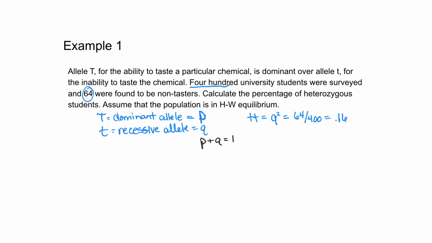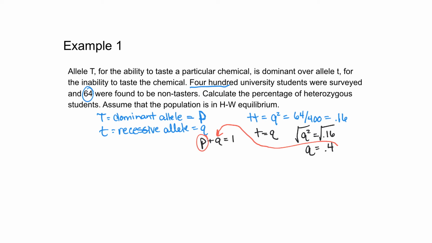So we need to find q. Remember that t equals q, and so we need to take q². We know that that's equal to 0.16, but if we take the square root of both sides, q equals 0.4. And now we can plug this 0.4 in for q, and we can solve for p.